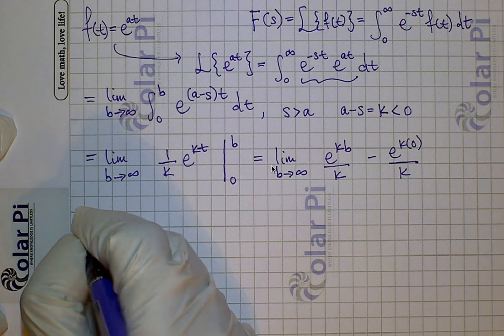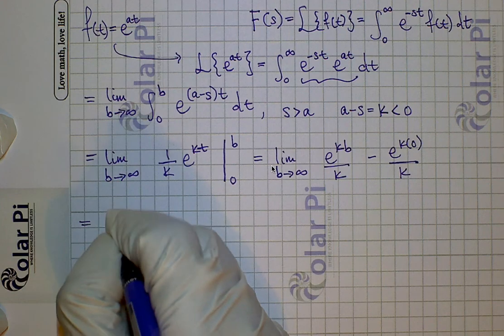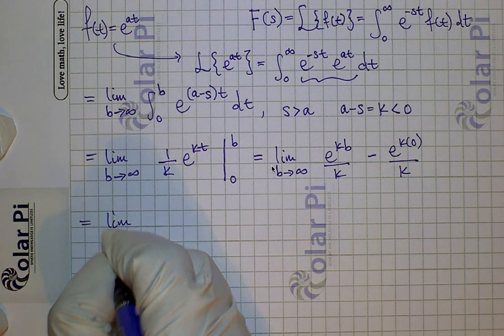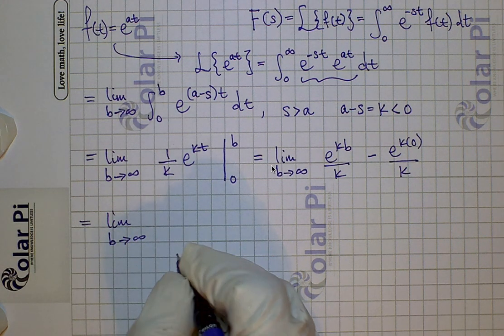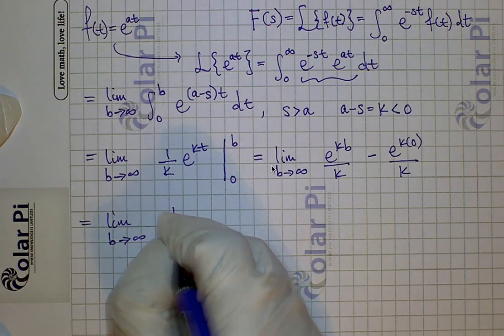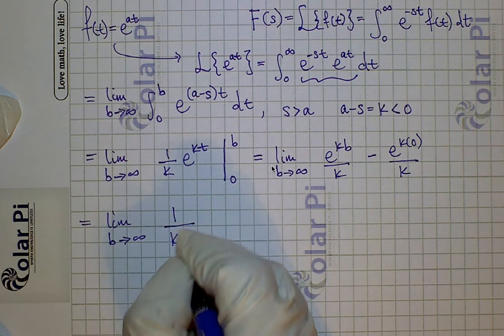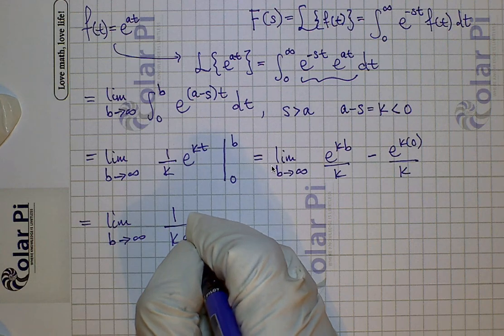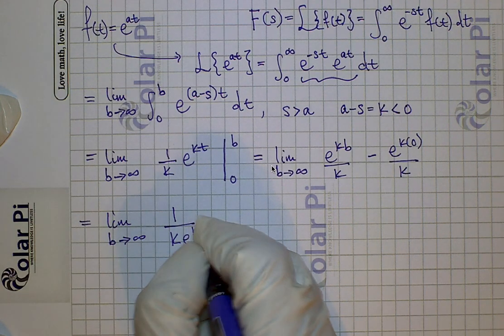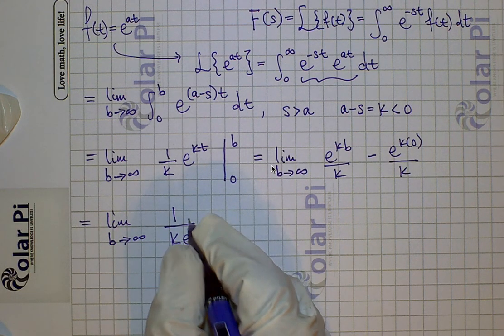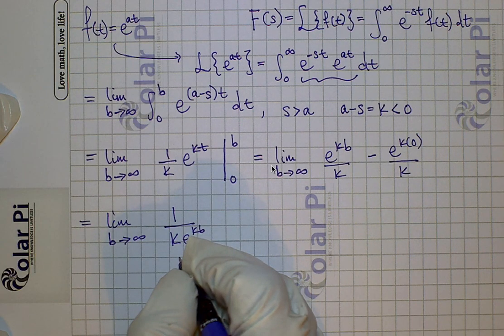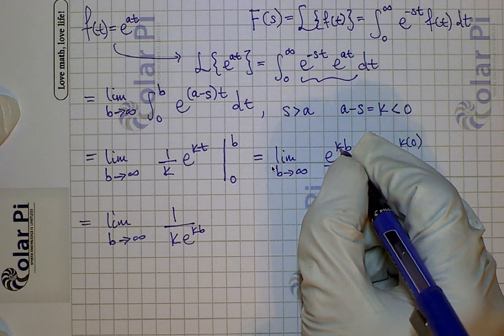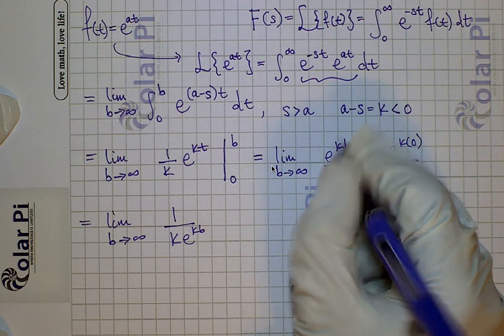So in our next step, we can write that what we have is the same as limit as b goes to infinity of 1 over k times e to the kb. Now, the exponent on e, which is k times b, is now positive since we have put it in the denominator, because in the numerator, because of k being negative, we had e to a negative quantity.